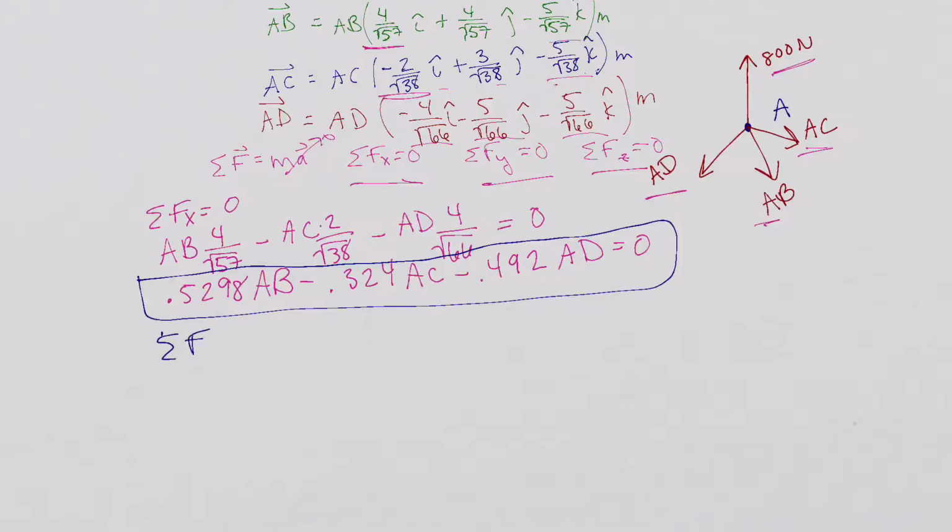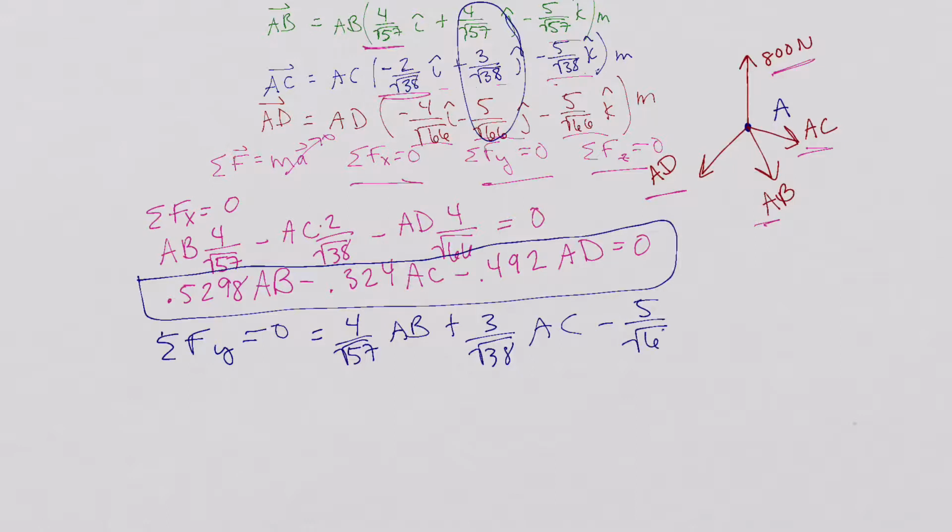Sum of the forces in the y direction equals 0. For the y direction, that's basically this one. And remember, you have to do times the AB because that goes all the way across. So the sum of the forces in the y direction equals 0. That equals 4 over the square root of 57 times AB plus 3 over the square root of 38 times AC minus 5 over the square root of 66 times AD.